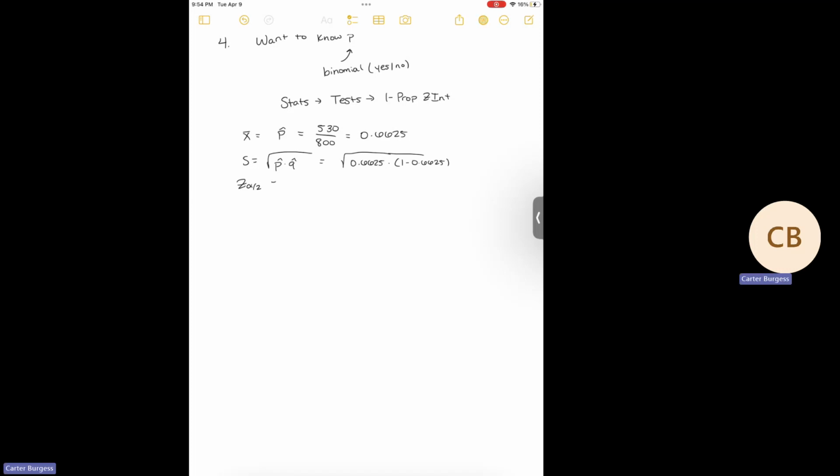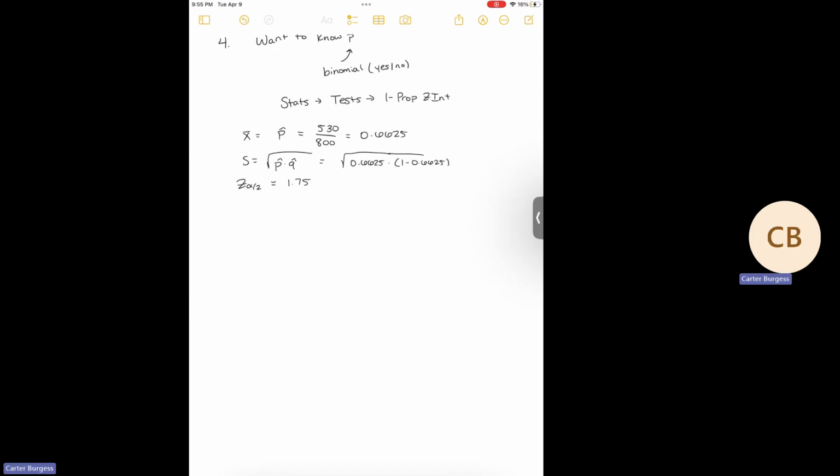And then our z-score here: we are told that we are looking at a confidence interval of 92%. And so let me do my inverse norm business. Apparently, the critical value here is 1.75.